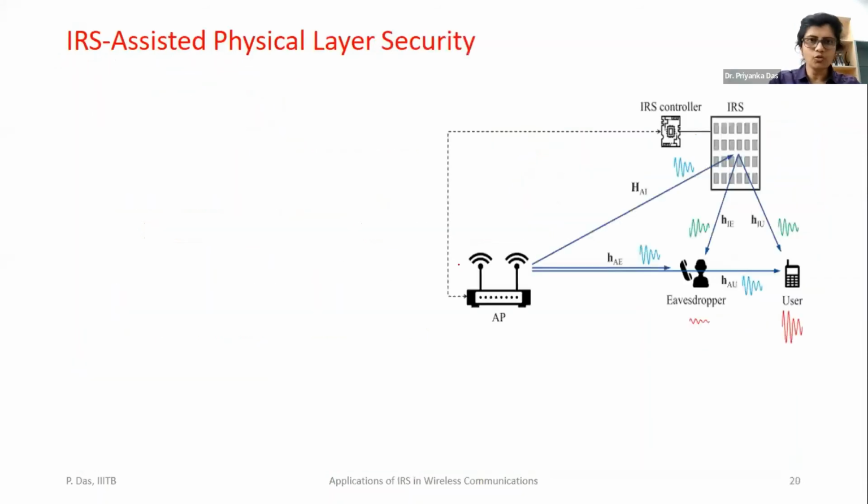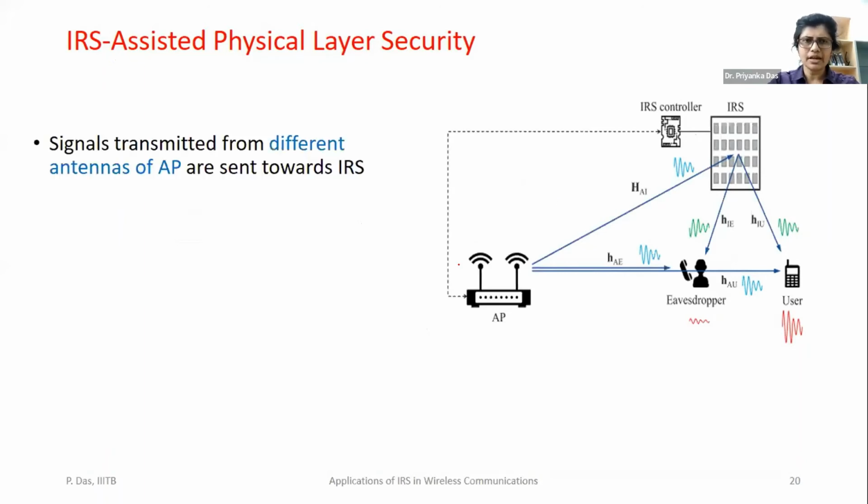how actually you meet the physical layer security by using IRS. This is a very small concept to see. So let's talk about a scenario that you have an access point, you have an IRS, you have a user, you have an eavesdropper.